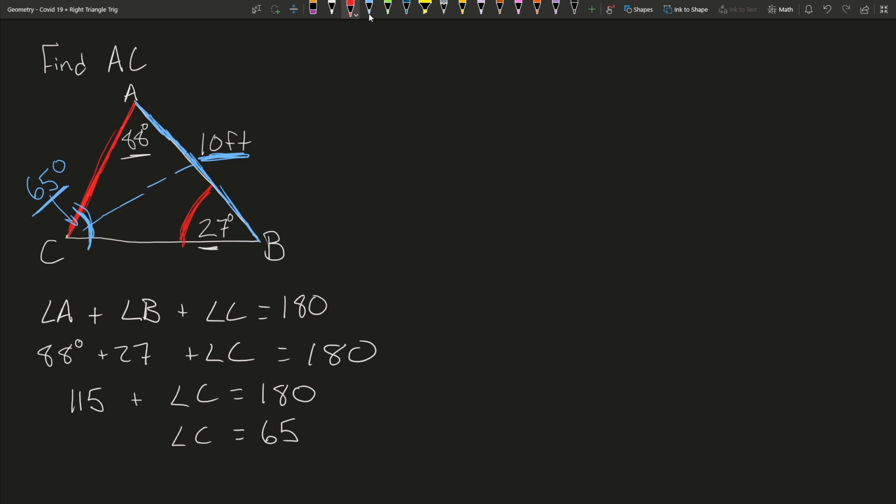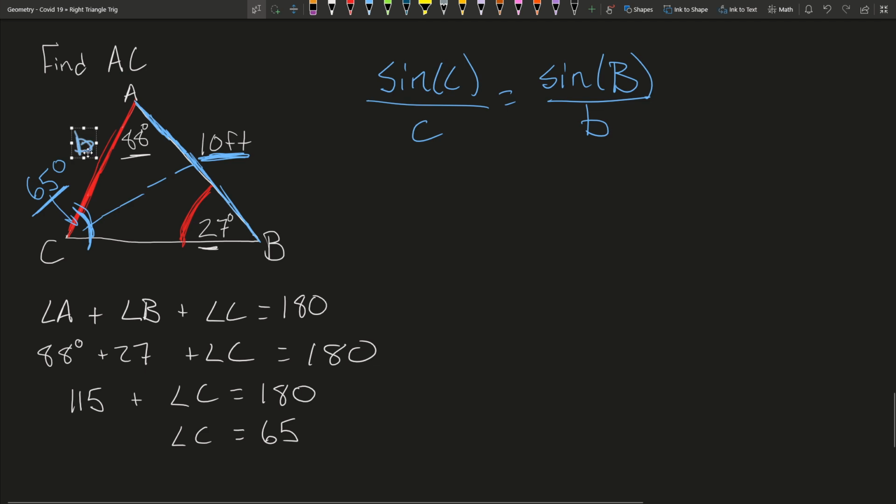Okay, so then again, when we set up our law of sines, we get sine of C over its opposite side length is equal to sine of B over its opposite side length, which I will call this side B. All right, then we can just replace what we have in.